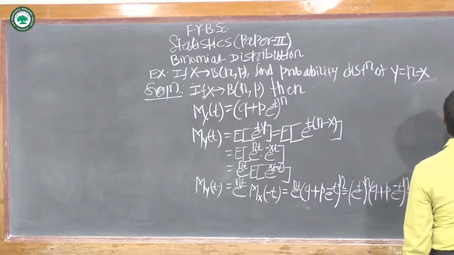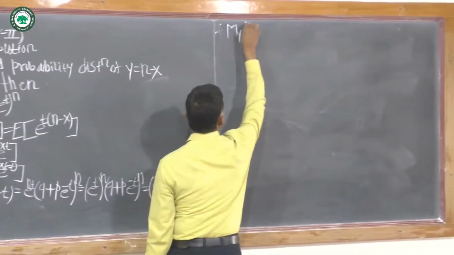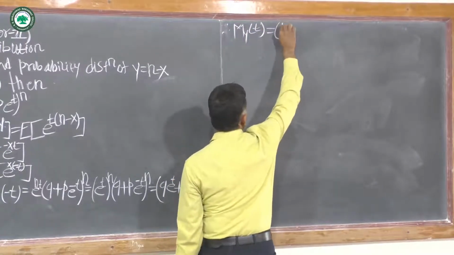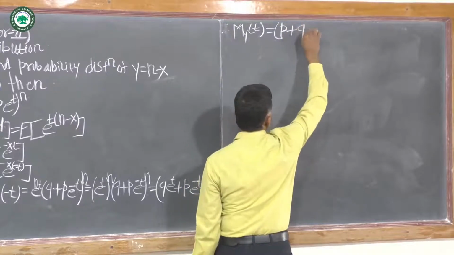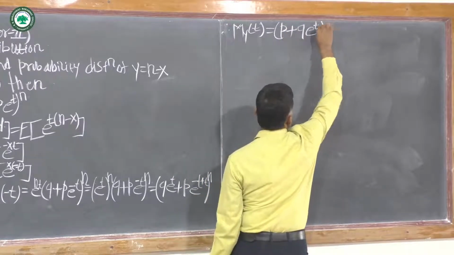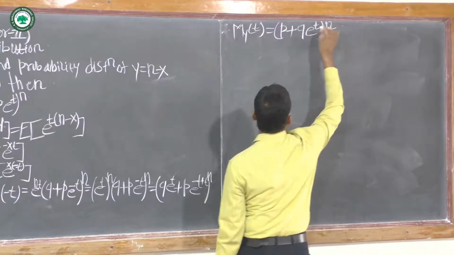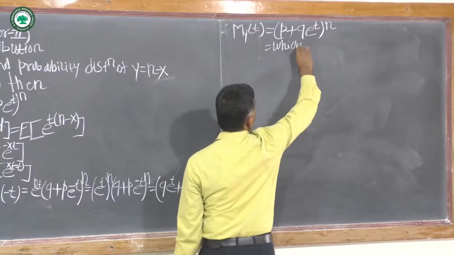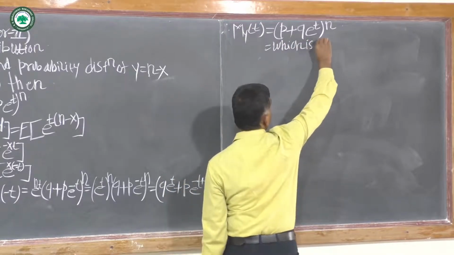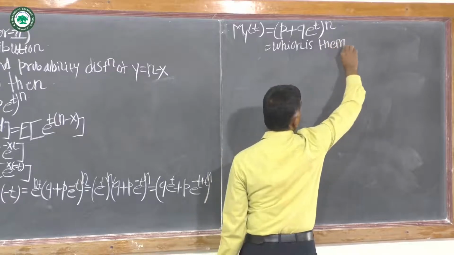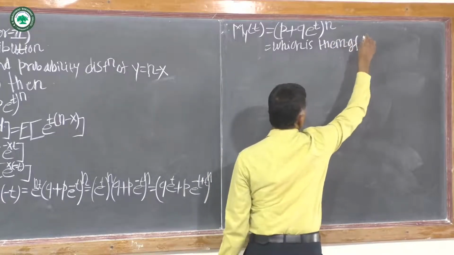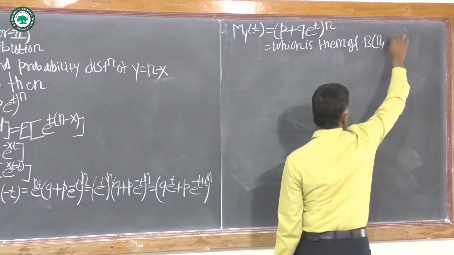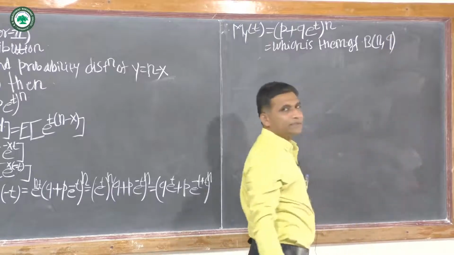Therefore MY of t is equal to (p plus q e raised to t) raised to n, which is the MGF of binomial distribution with parameters n and q.